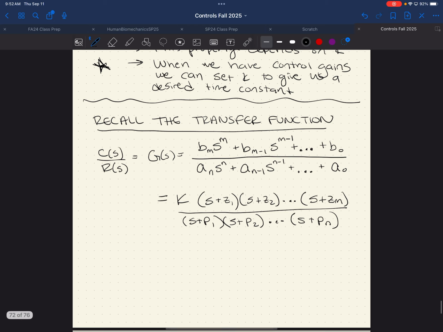Okay, why do you think I chose Z's in the numerator and P's in the denominator? They stand for poles and zeros. Yes. The negative Z's are zeros.